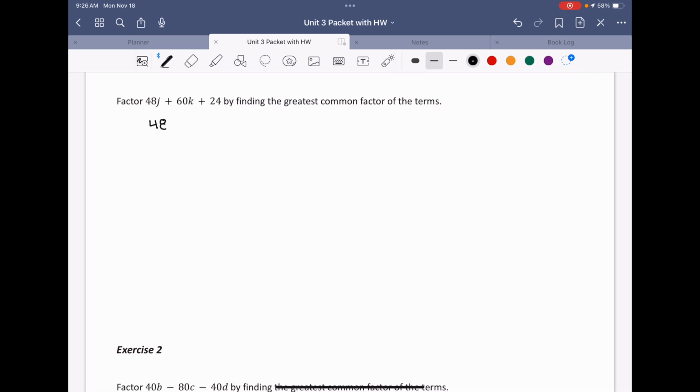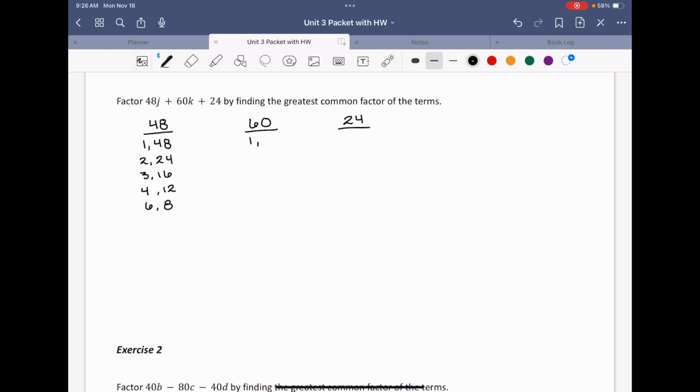All right, we're going to list all our factors for each term, 48, 60, and 24. So for 48, we are going to have 1 and 48, 2 and 24, 3 and 16, 4 and 12, and 6 and 8.